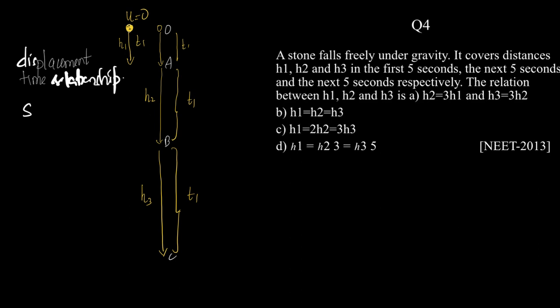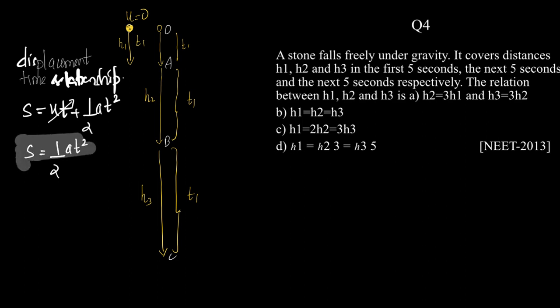What is it equal to? S is equal to ut plus half at square. Since it is dropped from rest, u is 0. So this becomes S is equal to half at square. This is the primary equation that we are going to use here.